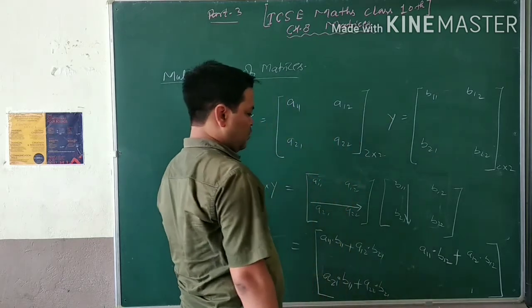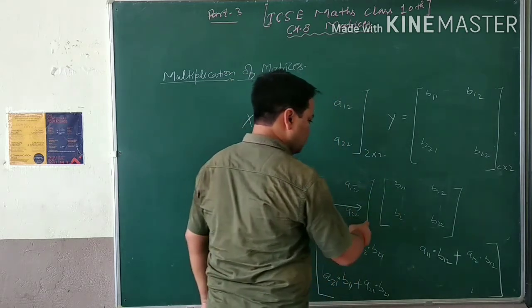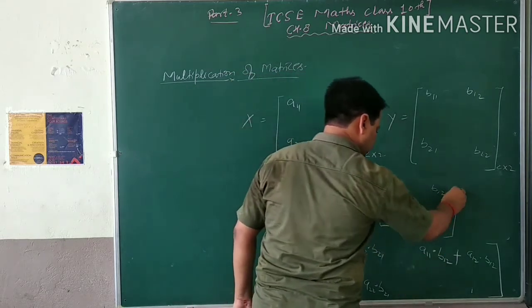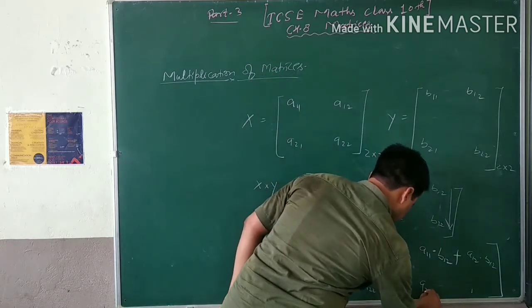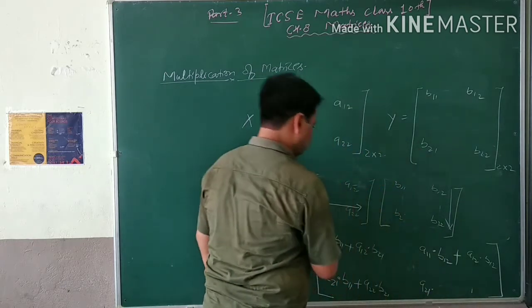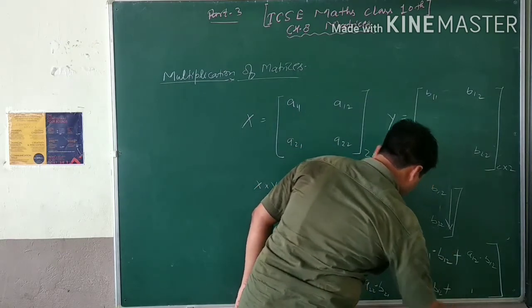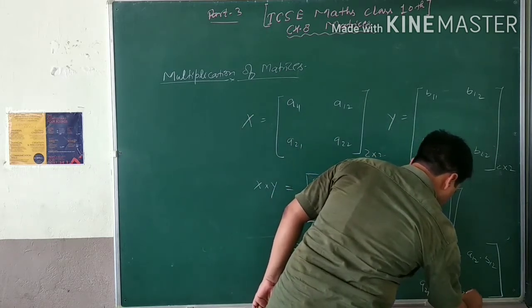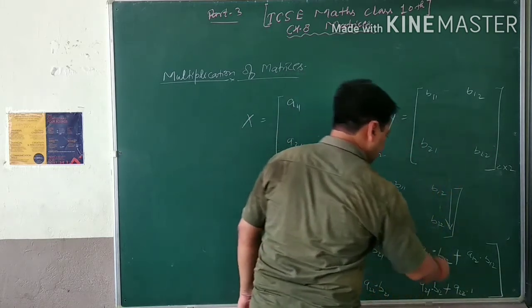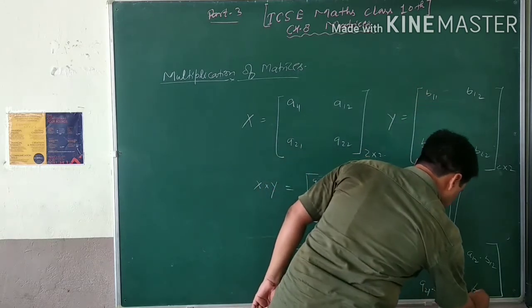Okay. Now second row, second row, and the second column. So here A21 into B12 plus A22 into B22.